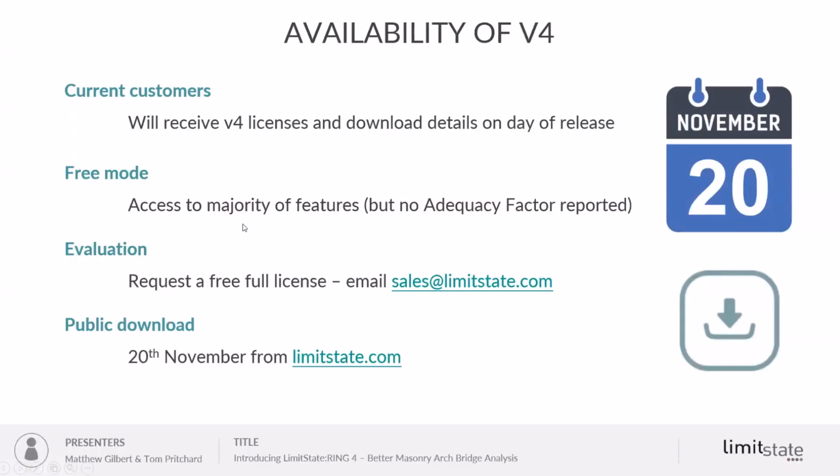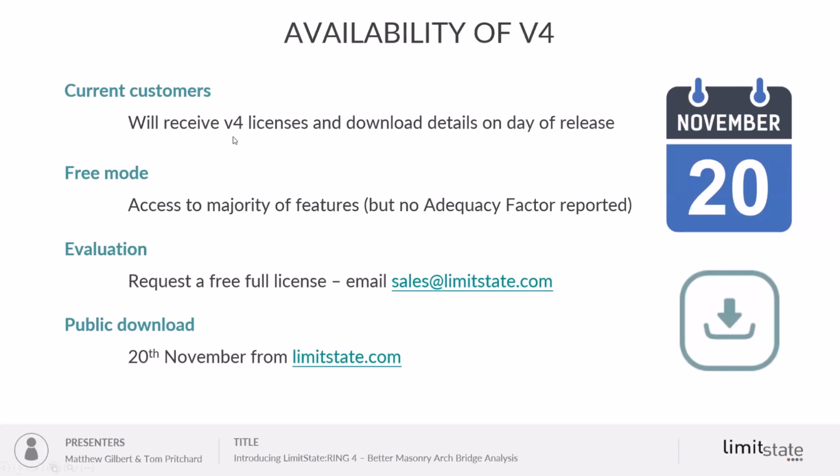Thanks, Matthew. So current customers, you'll receive version 4 licenses and download details on the day of release, which is next Monday, November the 20th. For people who aren't current customers with a license, you can, on the same day, go and download the software and use it in free mode, which will give you access to the majority of the features of LimitState Ring 4. The main thing is that it won't report a numerical adequacy factor for you.